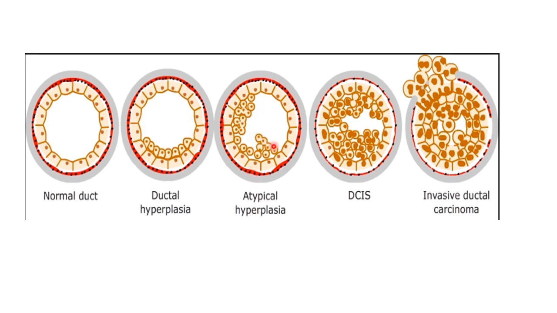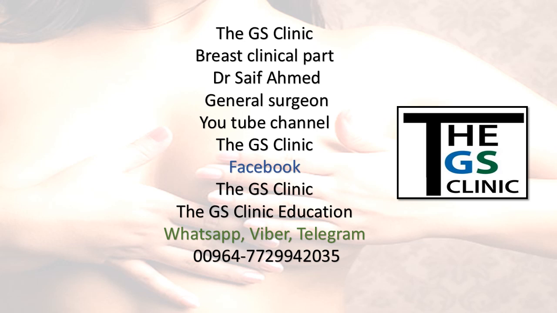In the atypical hyperplasia, there will be disfiguring, or the arrangement will not be regular or not with the shape of the duct, but as we said, it is less than 3 millimeter in diameter. In this condition, we call it atypical ductal hyperplasia. We have ductal carcinoma in situ, which is more than 3 millimeter, and all the cells are within the lumen. There is no breach to the basement membrane. So this is ductal carcinoma in situ. When there is a breach into the basement membrane, we call it invasive ductal carcinoma. So we can see how it's an ongoing process from one stage into another.